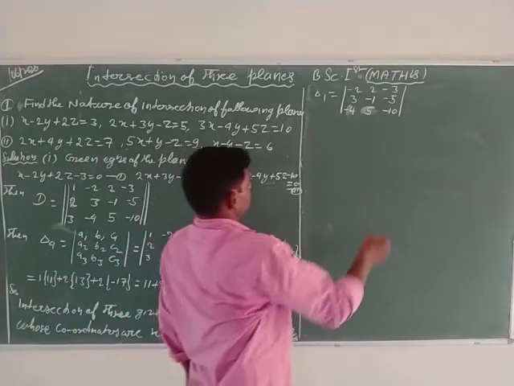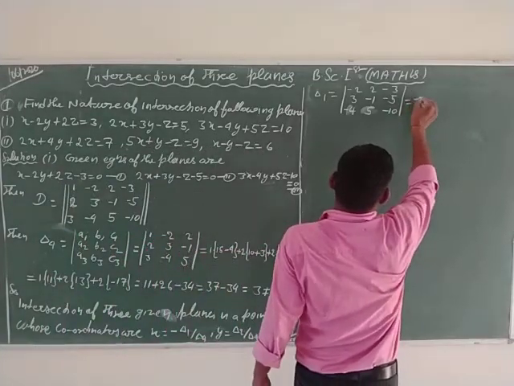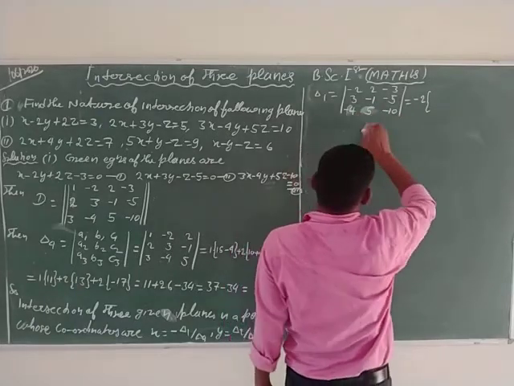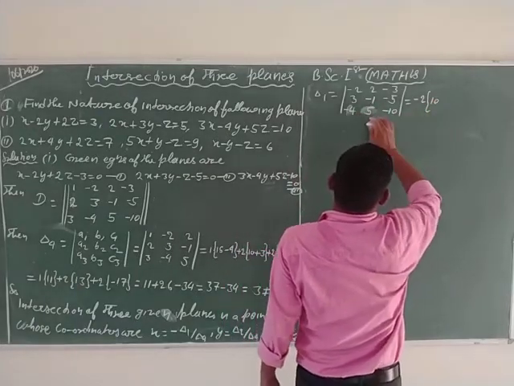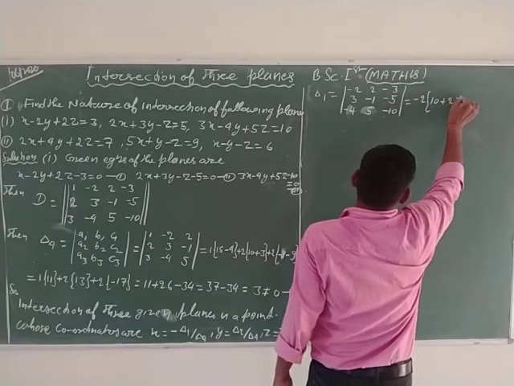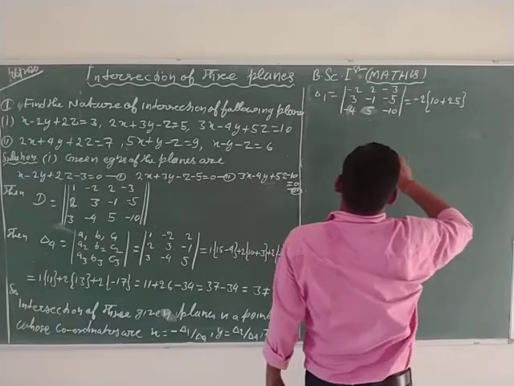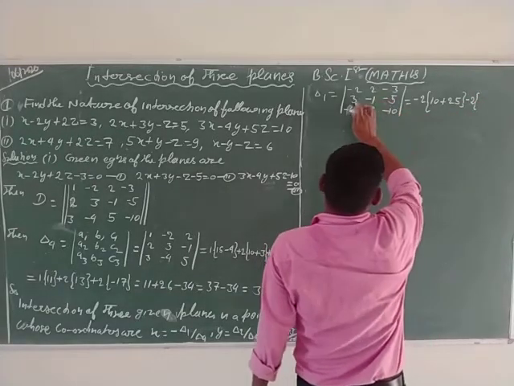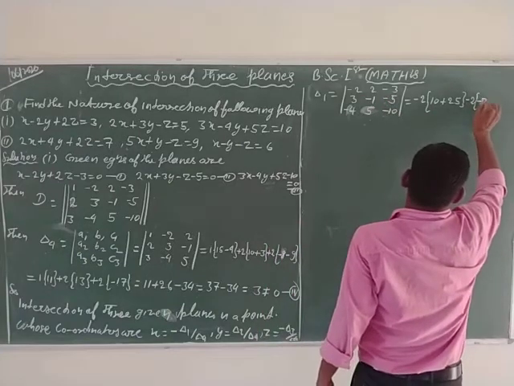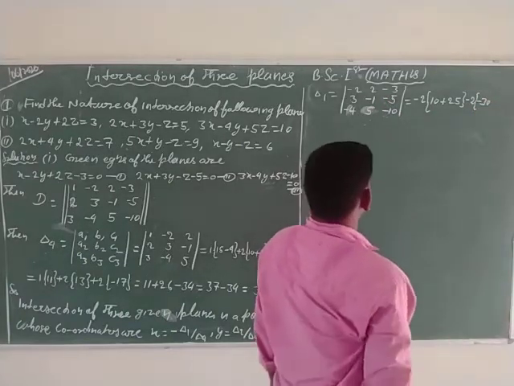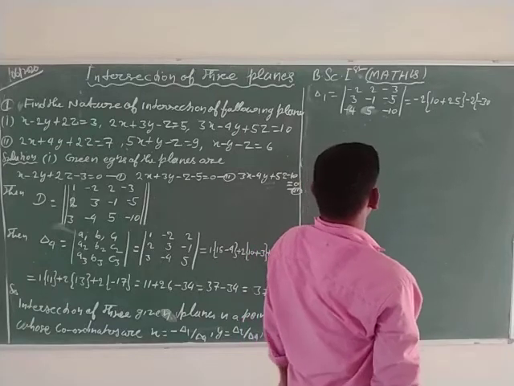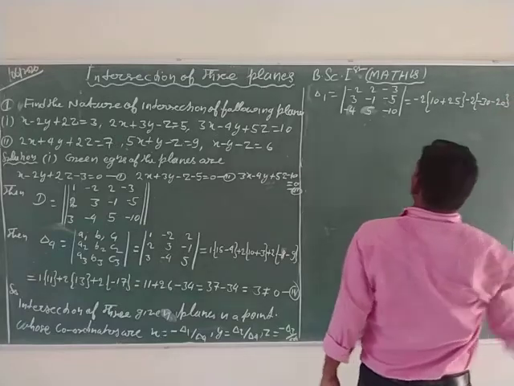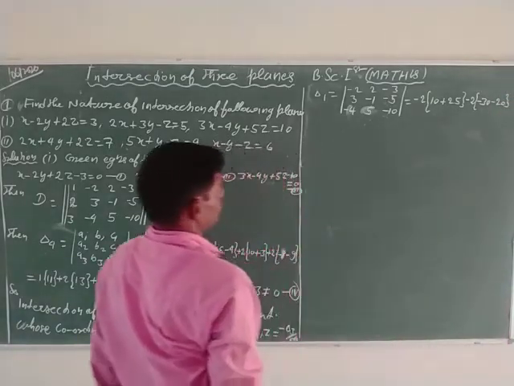Calculate the determinant of this: delta 1 is minus 2 in bracket, eliminate the first column and first row, minus minus plus 10 and minus plus 25, minus 2 in bracket, 3 into 10 minus 30, and minus plus again minus 20.